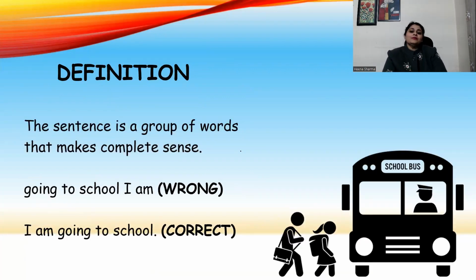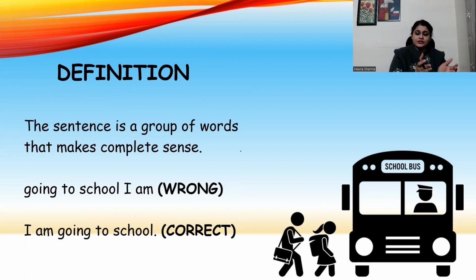So, you all must be knowing already that a sentence is a group of words that makes complete sense, isn't it? Every sentence should be structured in such a way that it gives you a complete meaning. No sentence framed in any way can give you a meaning.